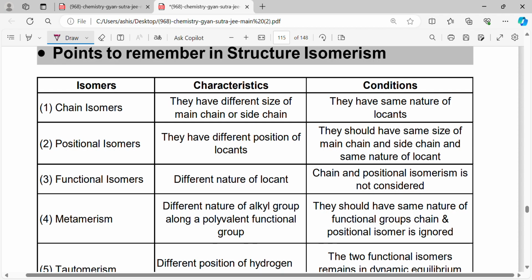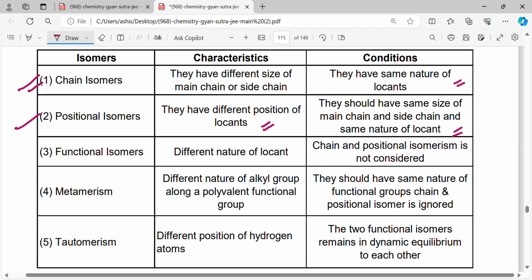Points to remember in structural isomerism: chain isomerism has the characteristic that they have different sizes of main chain or parent chain, and the condition is they have the same nature of locant. The nature should be the same, because if the locant's nature is not the same, then they can be positional isomers. They have different positions of locants, but the parent chain should be the same.